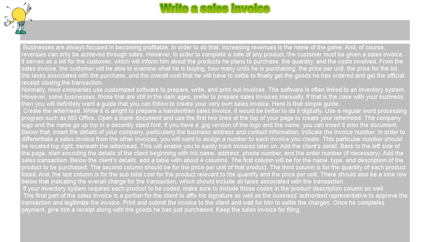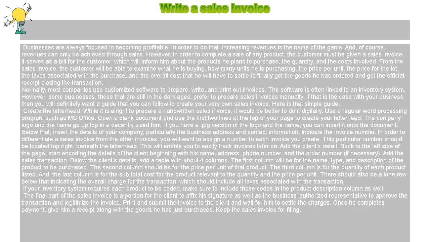However, in order to complete a sale of any product, the customer must be given a sales invoice. It serves as a bill for the customer, which will inform him about the products he plans to purchase, the quantity, and the costs involved.